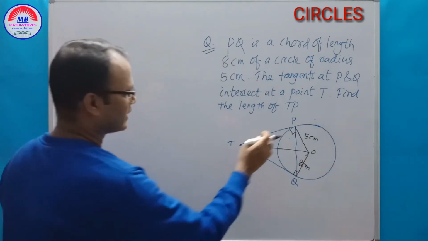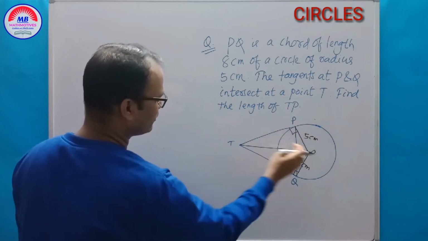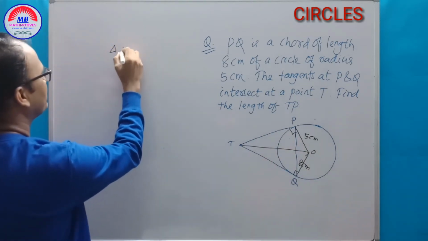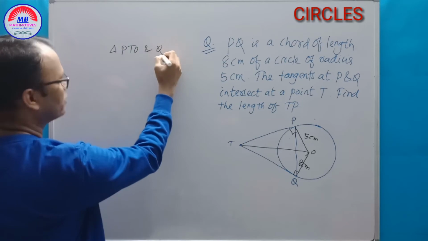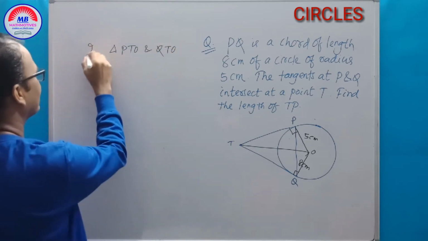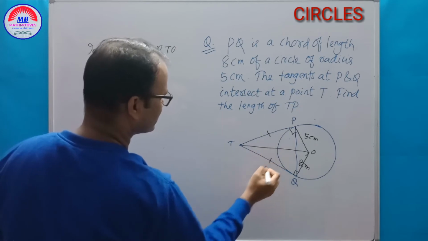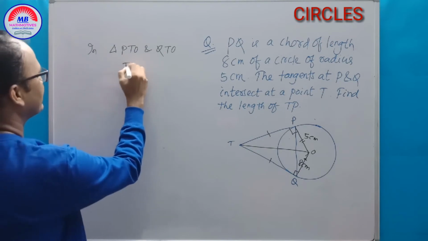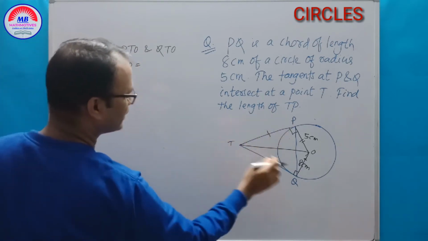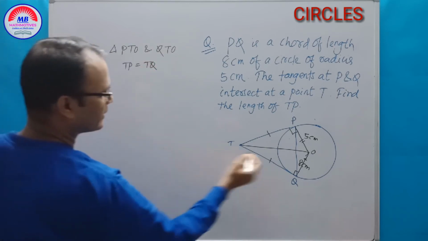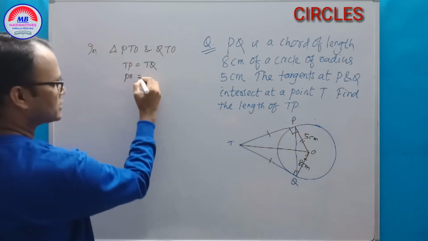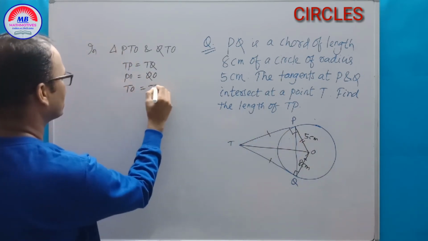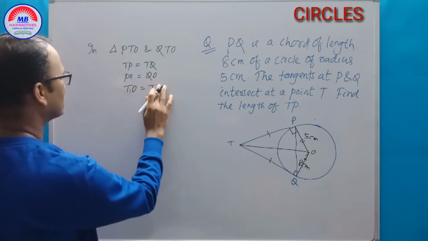You see, in triangles PTO and QTO, TP is equal to TQ, then PO is equal to QO, and TO equal to TO, common.